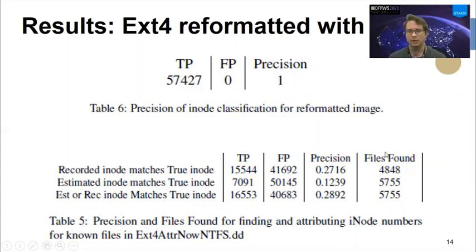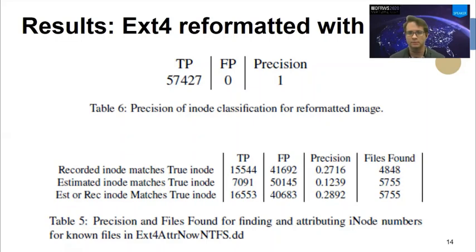We didn't write down the percentage of recall, we just recorded the number of files found. The reason we did this was because when ext4 was reformatted with Ntfs, much of the data was overwritten. A lot of the inodes were overwritten.